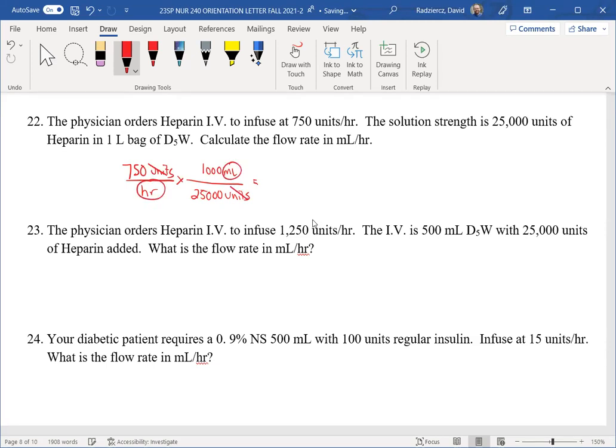This actually makes these reviews go so much easier knowing that you know how to do dimensional analysis, I'm assuming. And I'm just double checking. 750 times 1,000 divided by 25,000. It looks like we get 30 milliliters per hour.